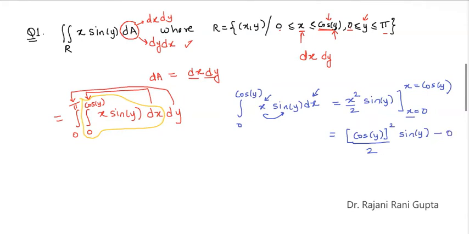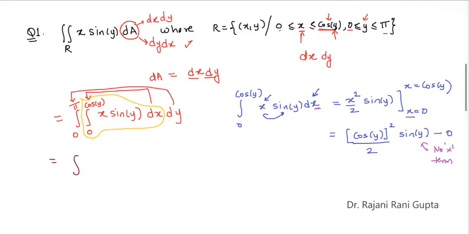So we are left with this term, cos square y over 2 times sine of y. What we can see here, we finished integration with x and substituted the limits, so no x term. So it means we are doing fine.